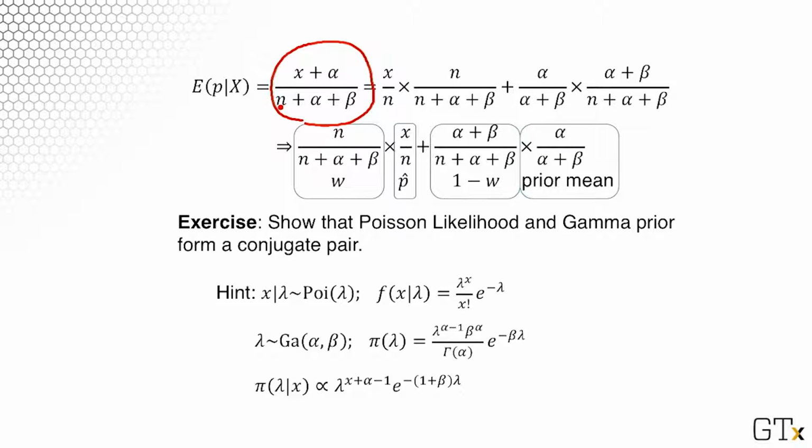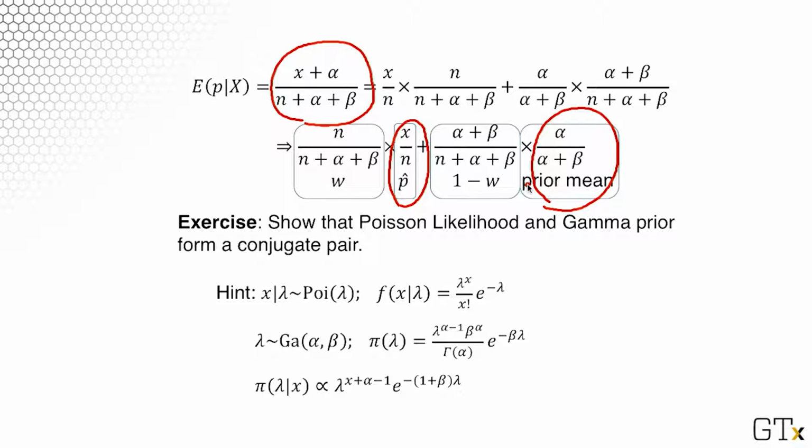Now, you can represent this as a weighted average. There are two weights. n over (n plus alpha plus beta) weighs the estimator for the proportion, for the probability, from the data only, and that's the relative frequency. And there is another weight, (alpha plus beta) over (n plus alpha plus beta), that weighs the prior mean.